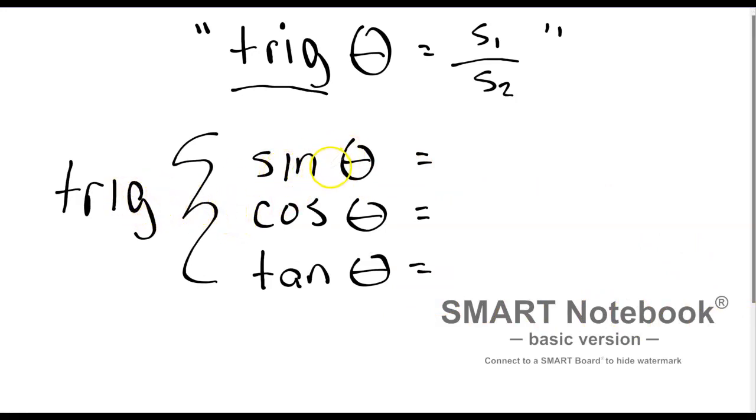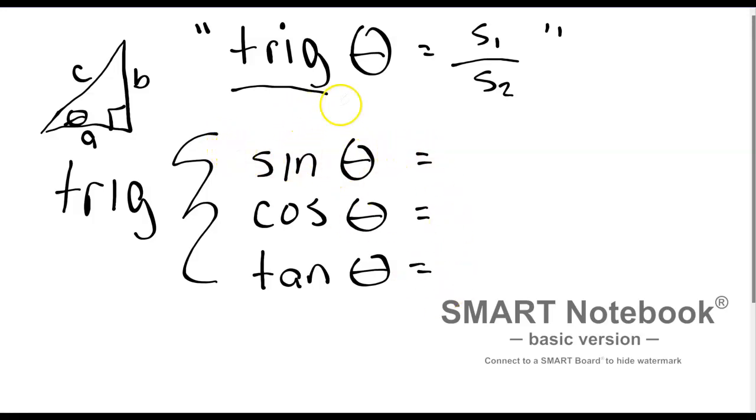So let's draw a triangle for reference. Let's say theta's right here, and we'll say we have A, B, and C. What I'm going to do here is understand that this trigonometry on this theta is basically asking me to identify on the triangle immediately hypotenuse, opposite, and adjacent.